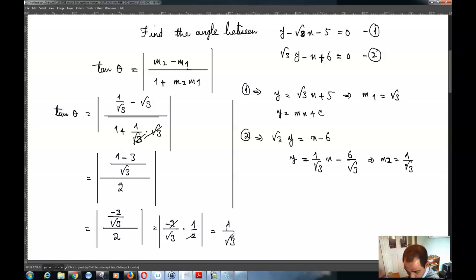Now 1 over square root of 3 is tan of 30 degrees, because you know that sine of 30 degrees is equal to 1 by 2, and the cos of 30 degrees is equal to square root of 3 by 2.